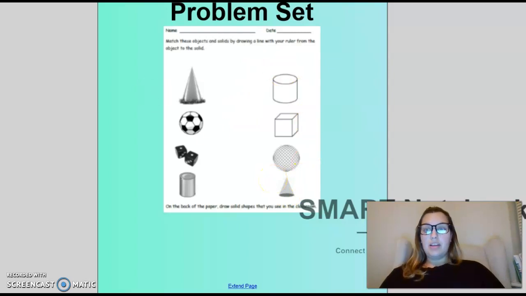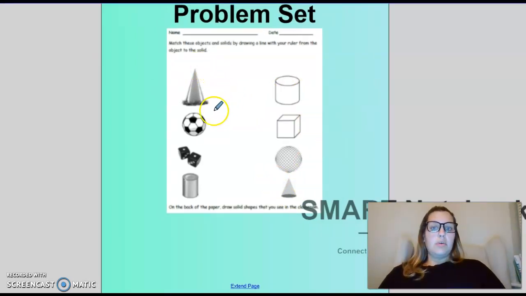Okay? So, I'm going to just start saying the 3D shape names so we get a little bit familiar with them. But don't worry if you don't know them all today. It's okay. So we have a cone right here.